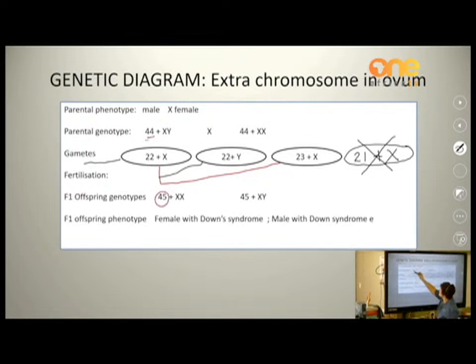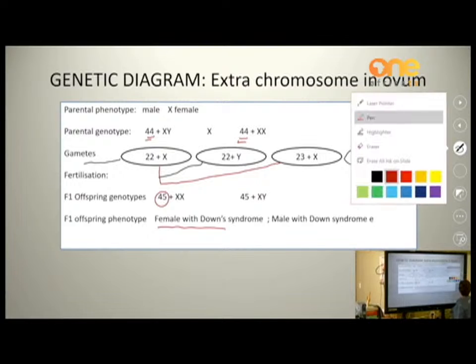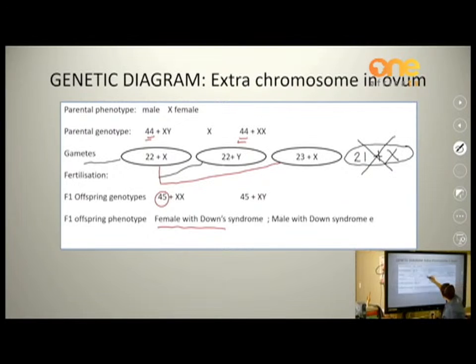Can you see? That is an extra chromosome. So this will be a female, and this one will be a male, if this sperm fertilizes with that extra chromosome.